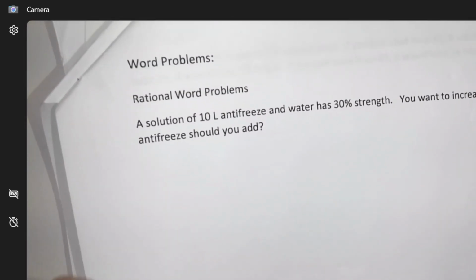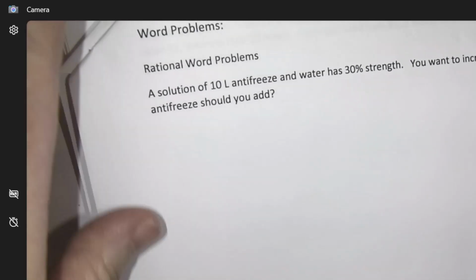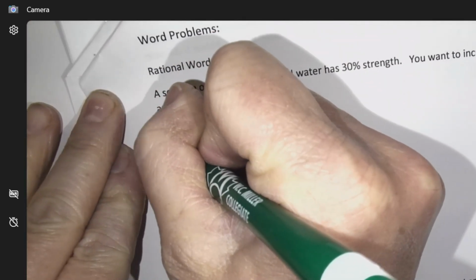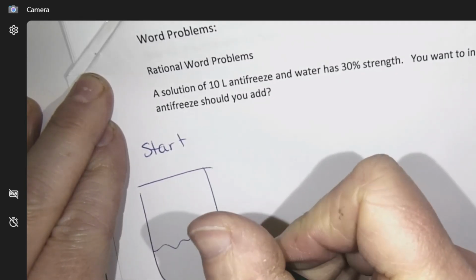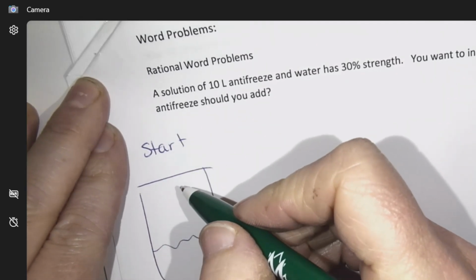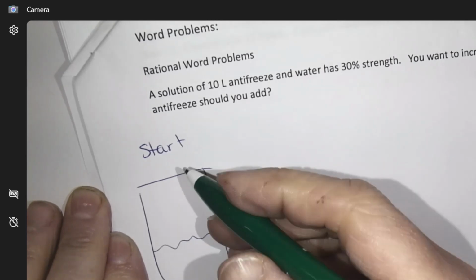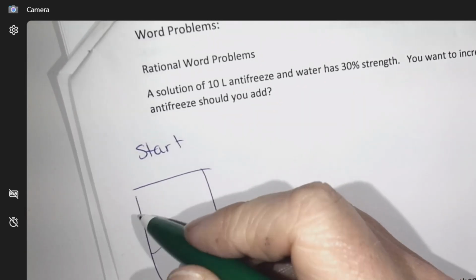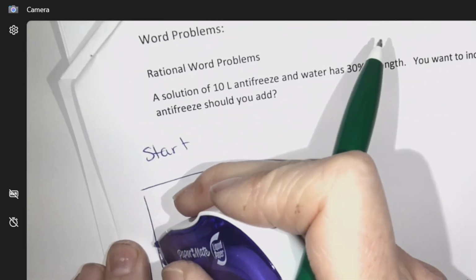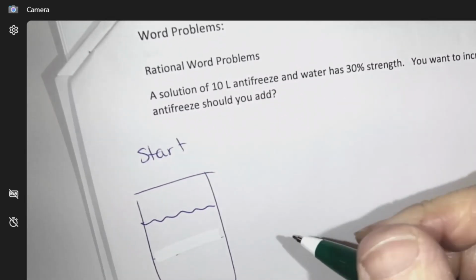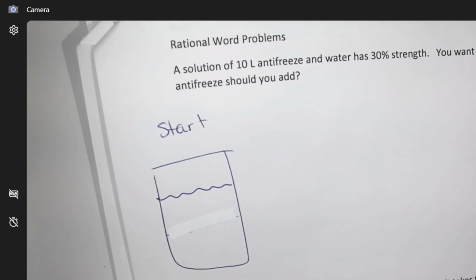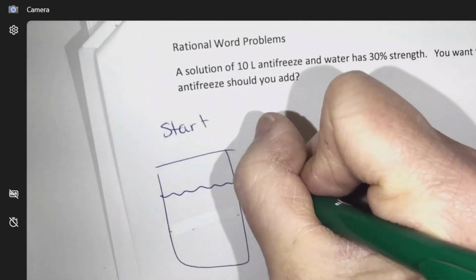Okay, some word problems up. Okay, so I'm starting with 10 liters.